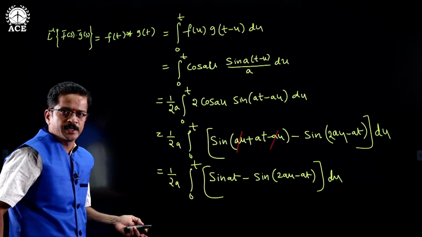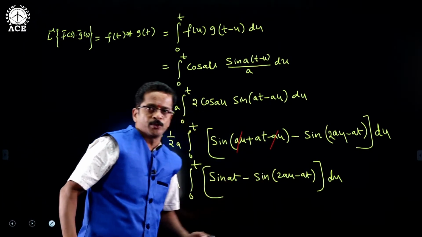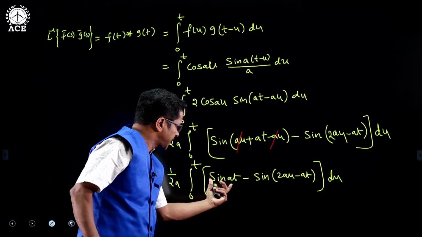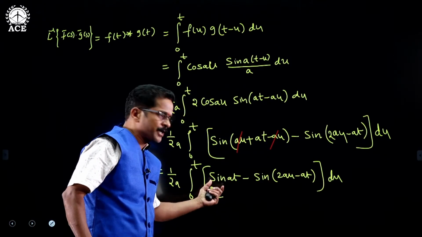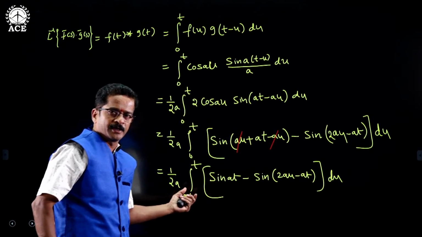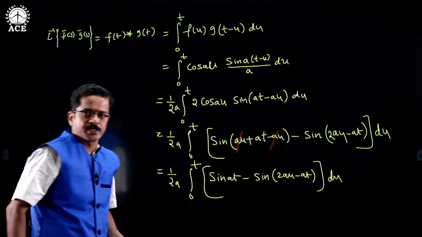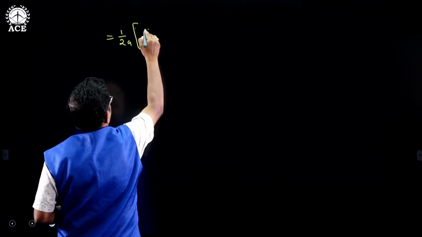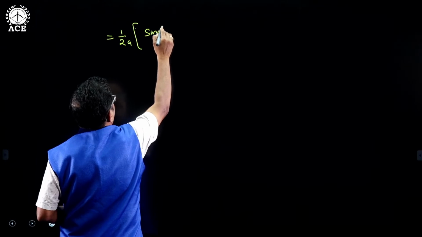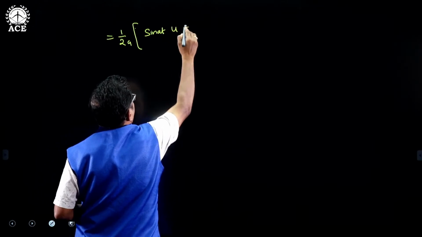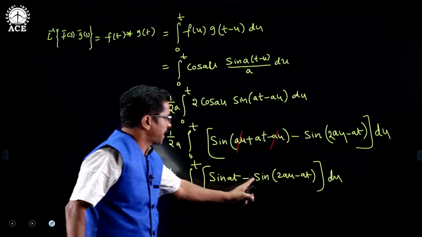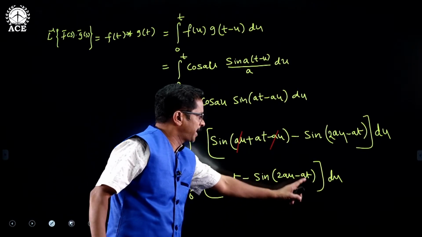Sin at is a constant because the integration is with respect to u, so sin at is independent of u, and the integral of du is u. So it becomes sin at into u minus the integral of sin of 2au minus at.